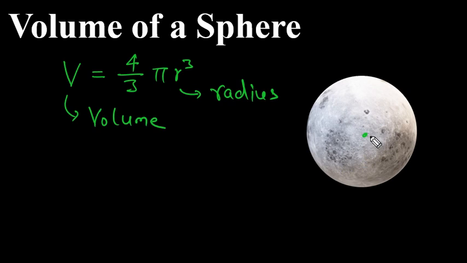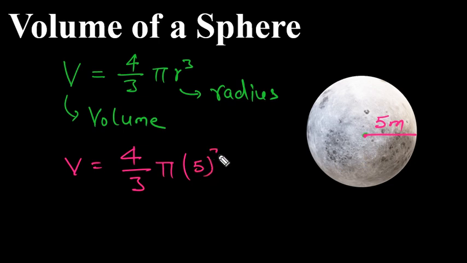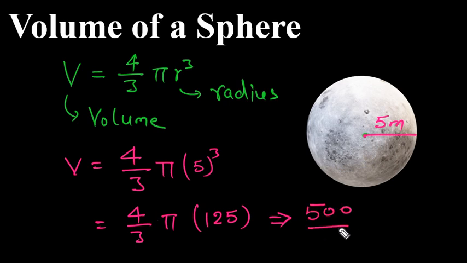Now in this case, let's say the radius is 5 meters. Then you will substitute this value in the formula: V equals 4 over 3 pi times 5 to the power 3, and that will give you 125. 125 multiplied by 4 will give you 500, divided by 3, and then there is pi.